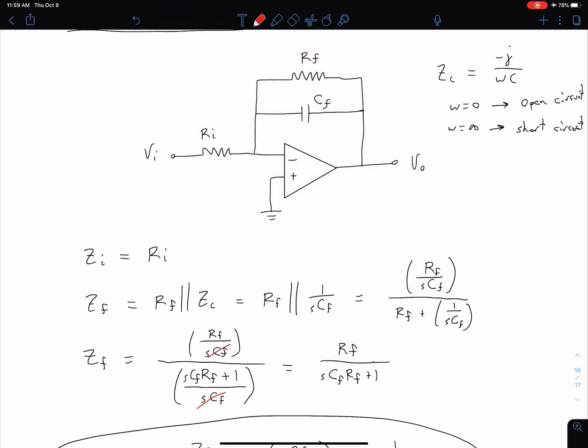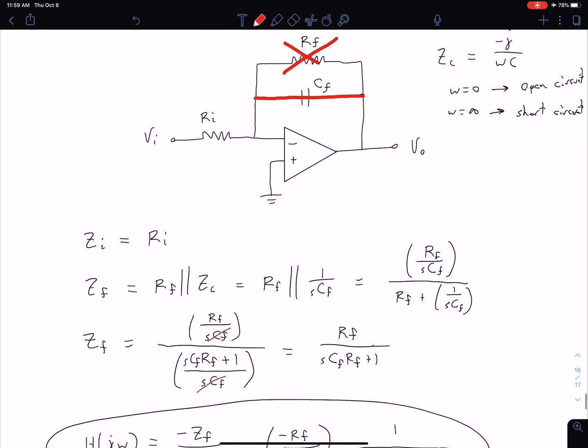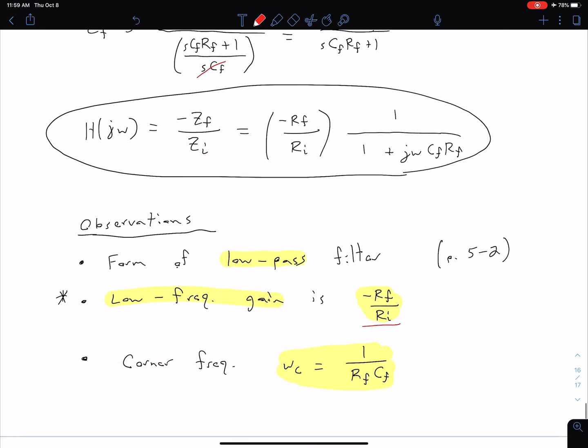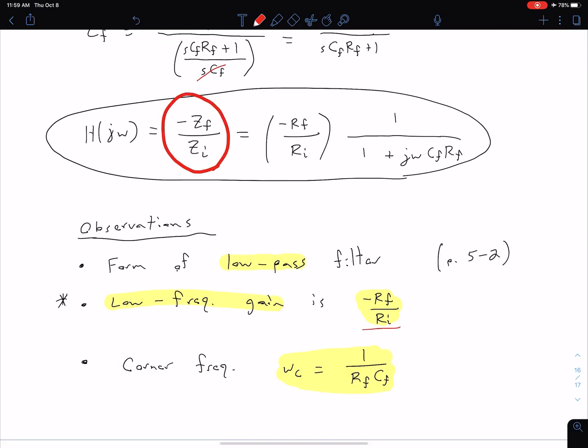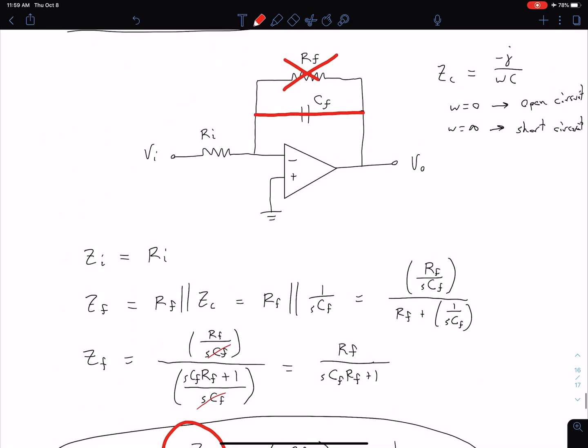We have something that looks like this, where we just have a short, and now we essentially ignore this Rf because it's in parallel with the short, so the short dominates. If we go back to our basic equation of our feedback impedance divided by our input impedance, we see that now the feedback impedance is zero, so we just have a gain of zero.